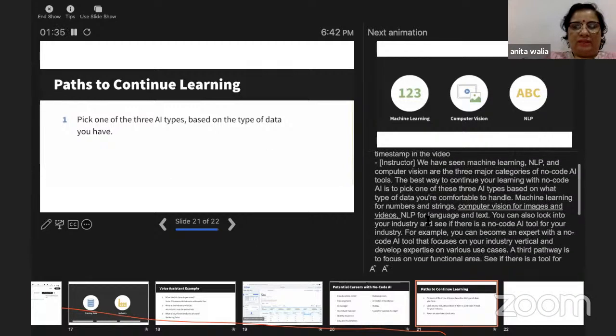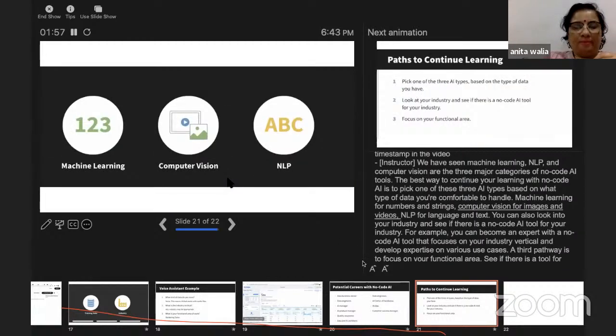As we have seen, machine learning, NLP, computer vision are the three major categories of no code AI tool. The best way to continue your learning with no code AI tools is to pick one of these three AI types based on what kind of tools or software you're going to use. For example, machine learning can be used for number and string type of data.